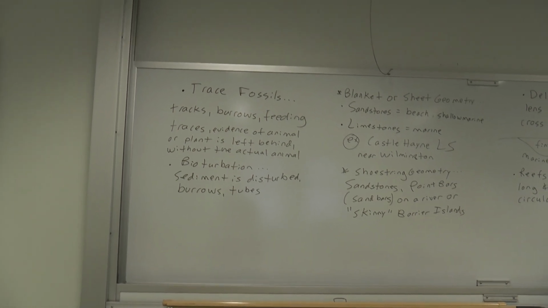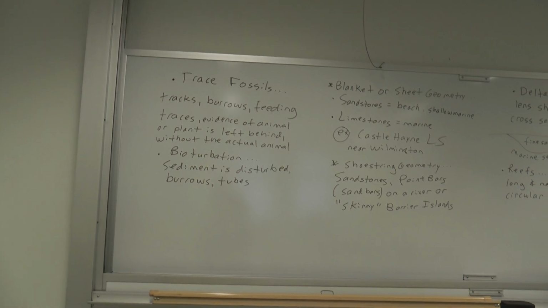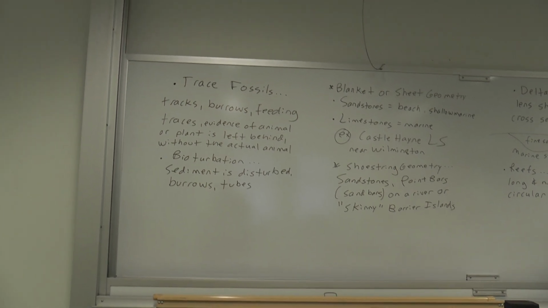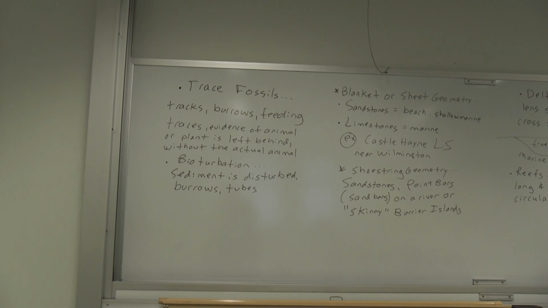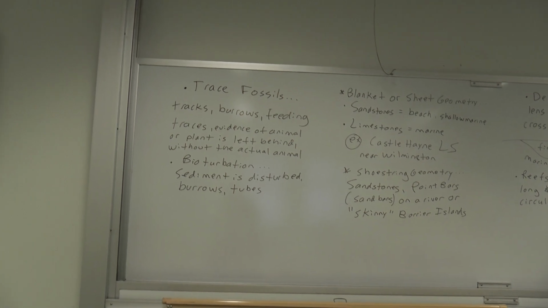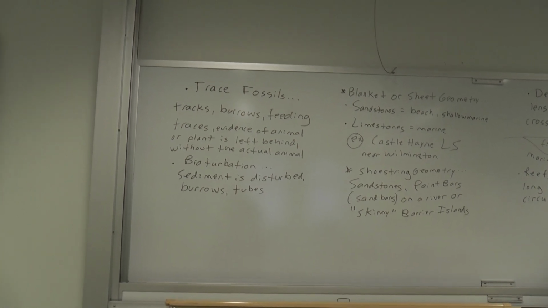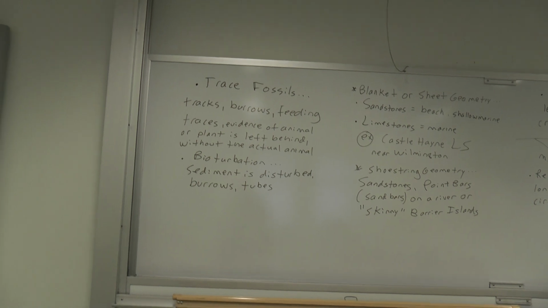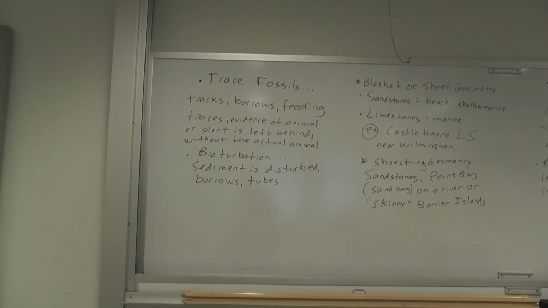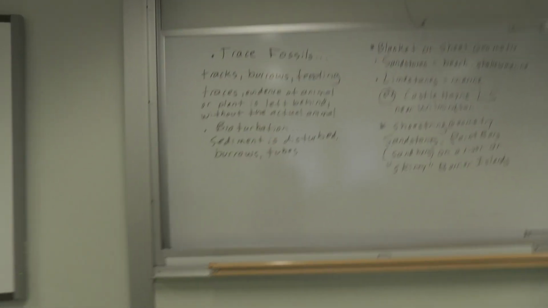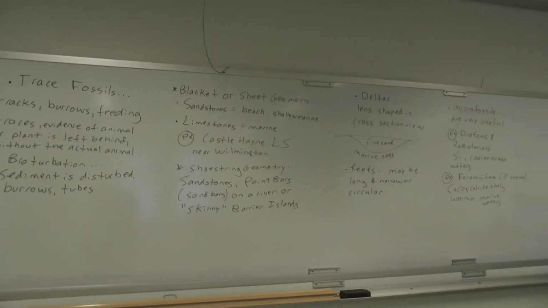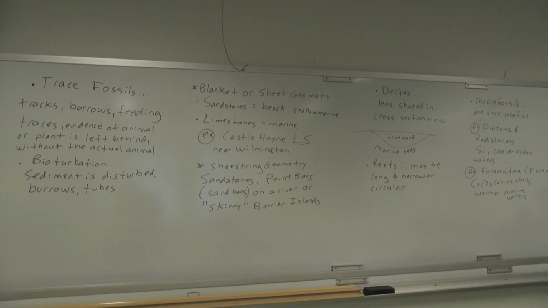Prairie dogs make their home underground so the coyotes and any wolves that are around can't get them. And these burrows and feeding tubes can get preserved in the rock record. We call it bioturbation. It's a type of trace fossil.